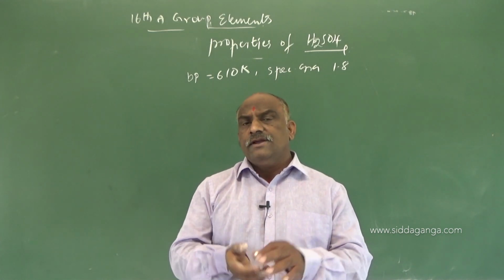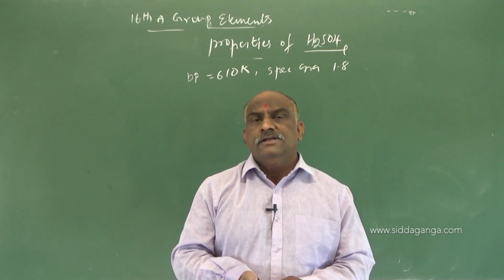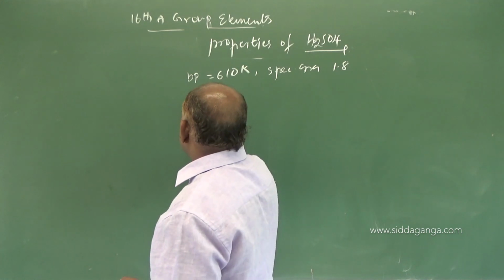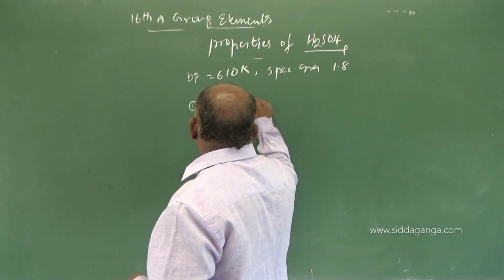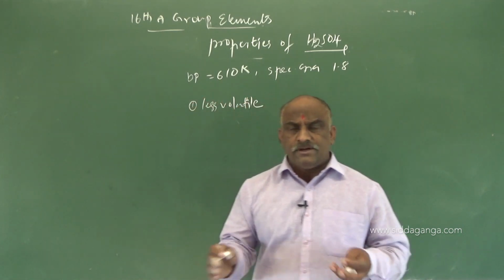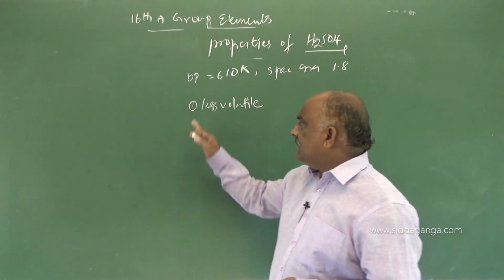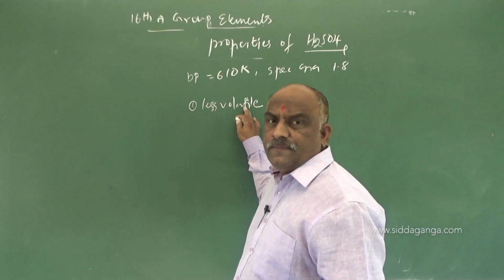The behavior of sulfuric acid is based on some points. What are the points? Number one, sulfuric acid is less volatile.